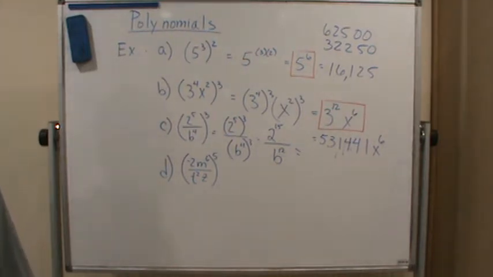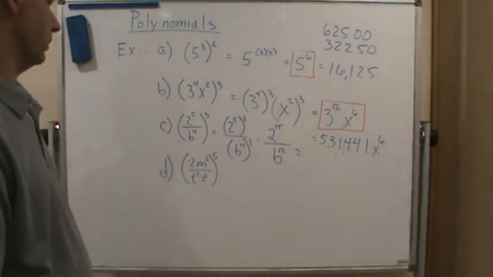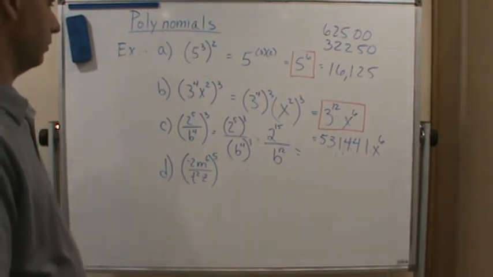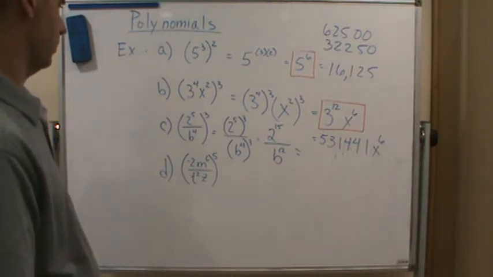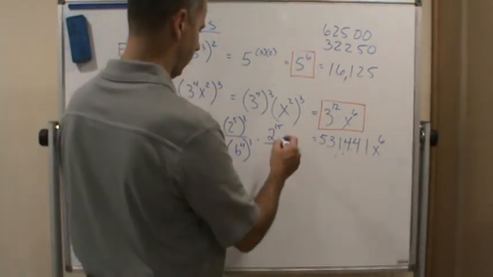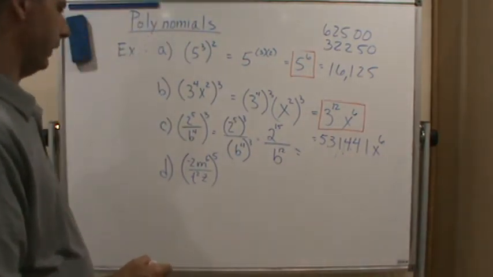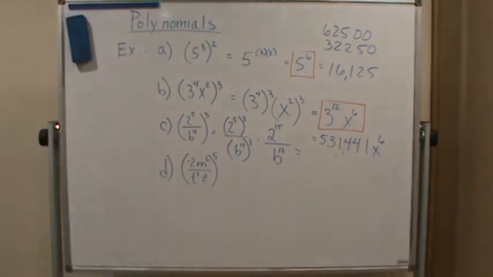So 2 to the 15th gives you what? 1024. So again, I'm not going to do it, just for the sake of time. It's 32,768.